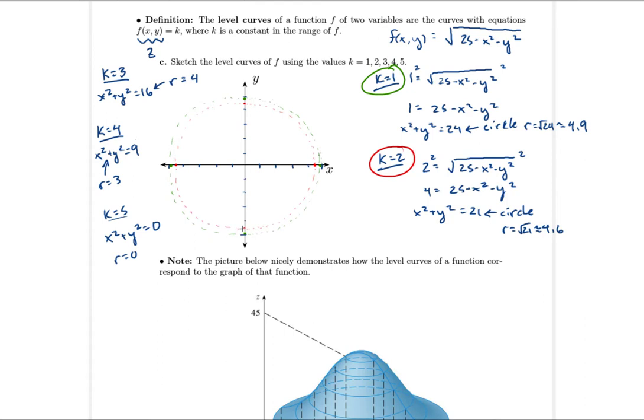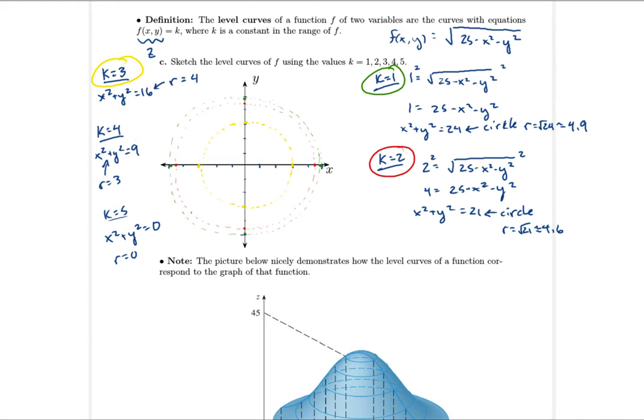All right. And let's see here. How about yellow for k equals 3? So that's going to put us here. Okay.